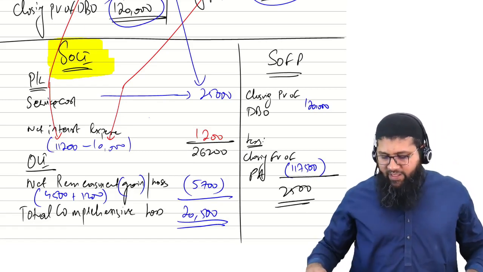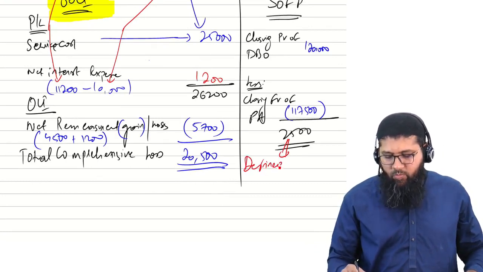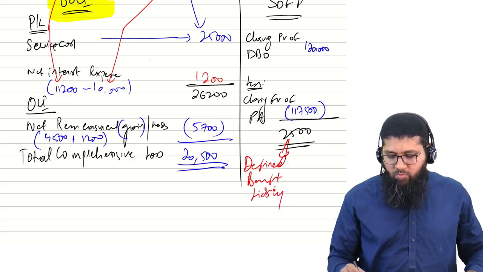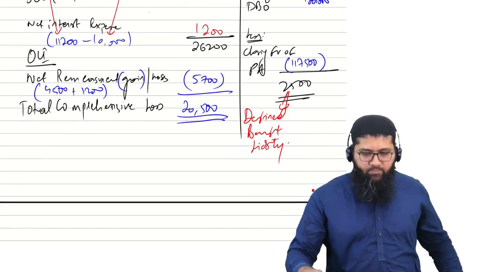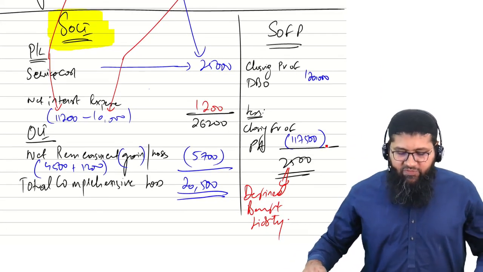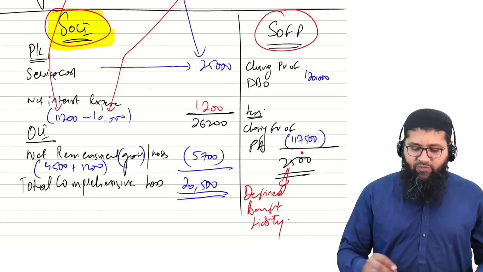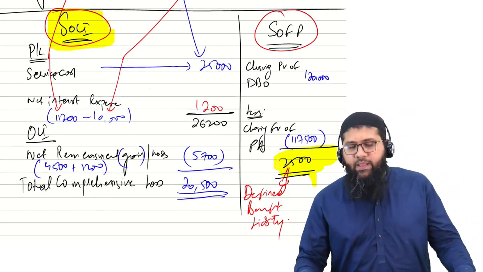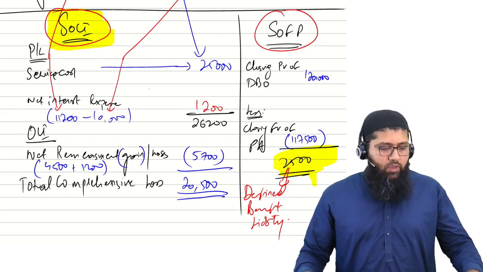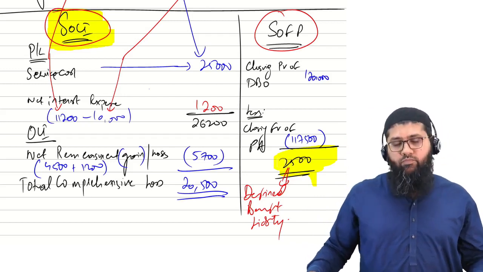This is going to be termed as defined benefit liability. So in the statement of comprehensive income, this is what is going to happen. And for the SOFP, this 2,500 is the defined benefit liability that would be shown.